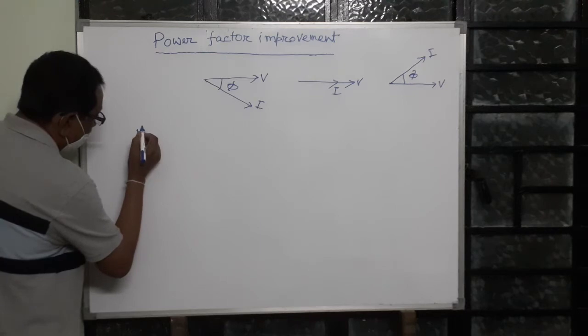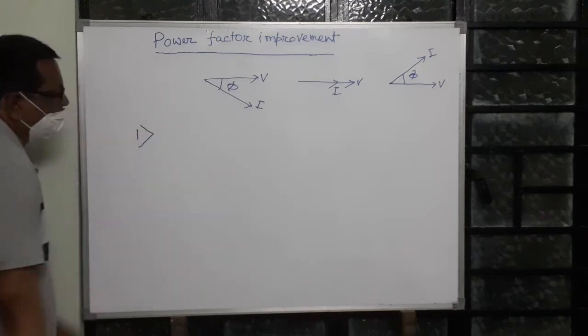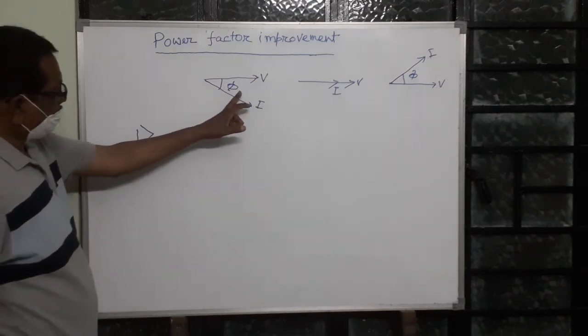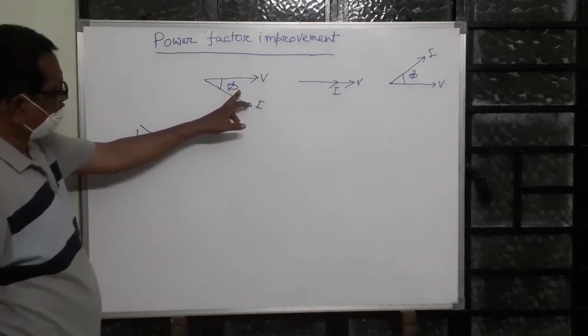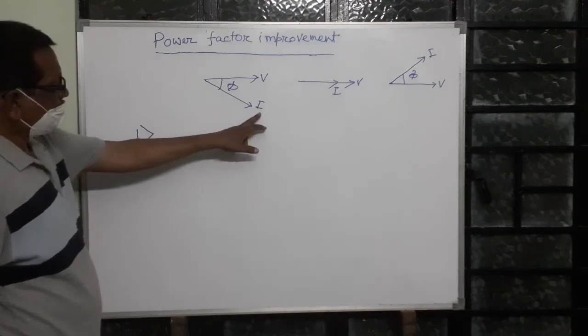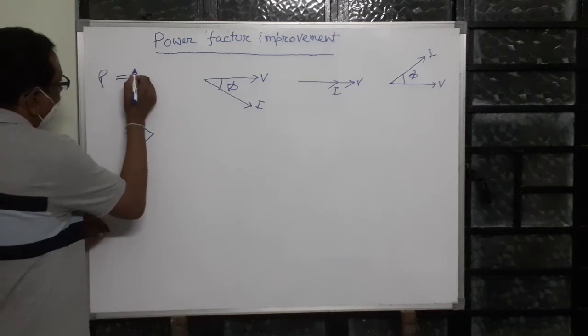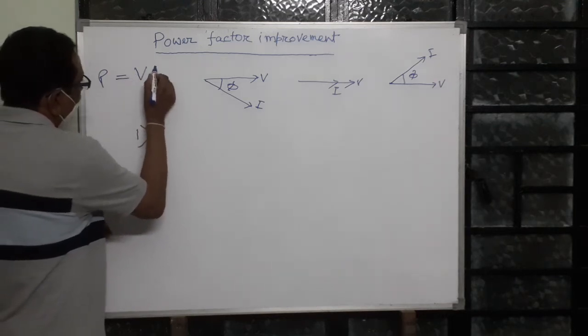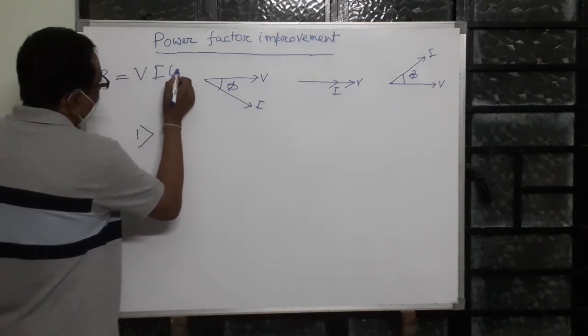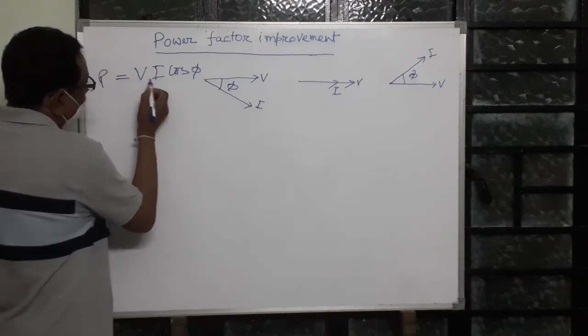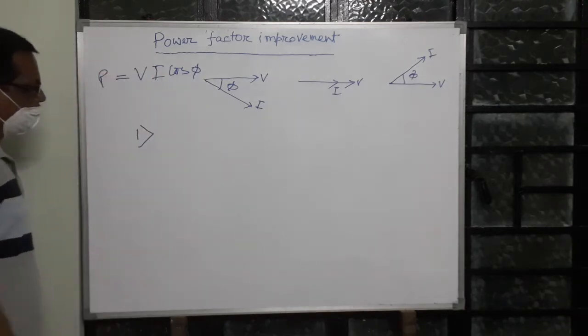Number 1. As power factor is lagging, the phi angle is increasing. Power is equal to VI cos phi.